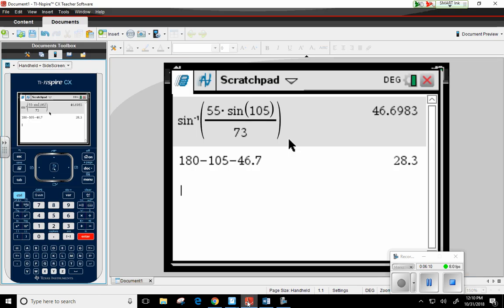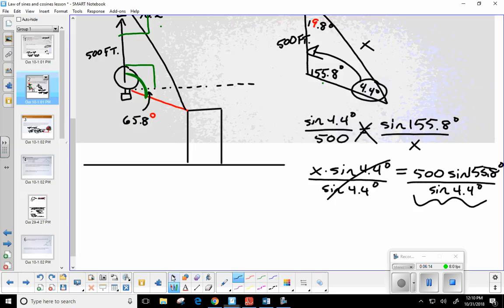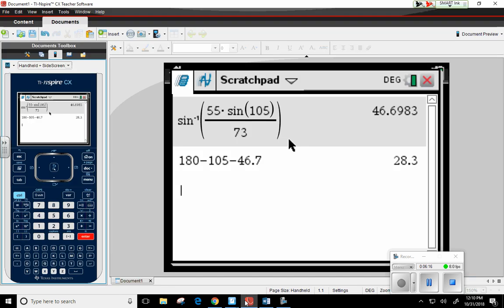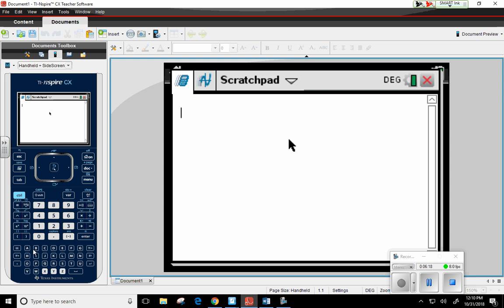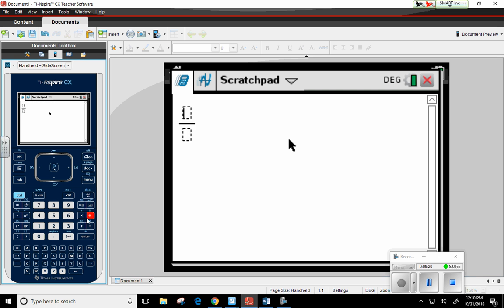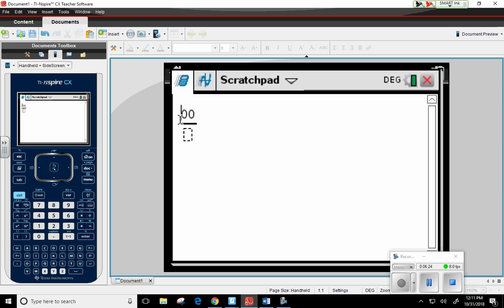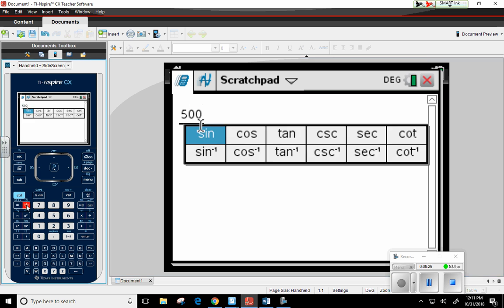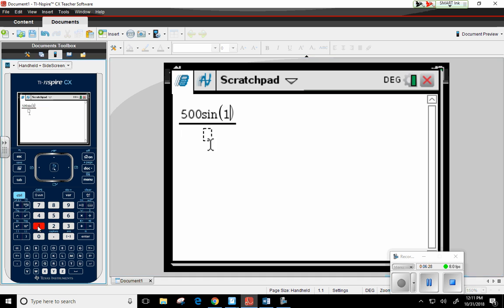500, come over here, let me get rid of this real fast. Let's try that one more time. There we go. So control divide, we got 500 times the sine of 155.8.